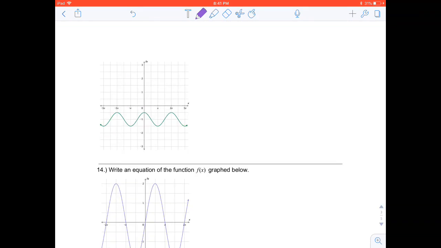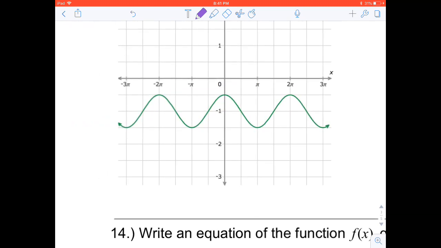So remember, the amplitude is the distance from the midline to the highest value. So I need to figure out what is the amplitude of this graph here. I see that it spans between these 2 points here from negative 0.5 or negative 1/2 to negative 1.5 right here.